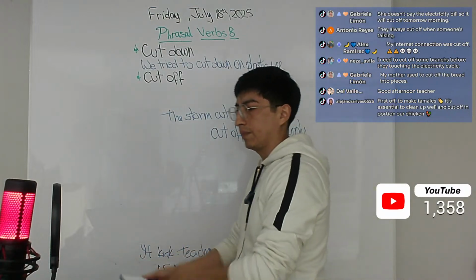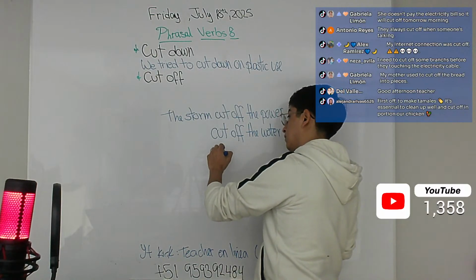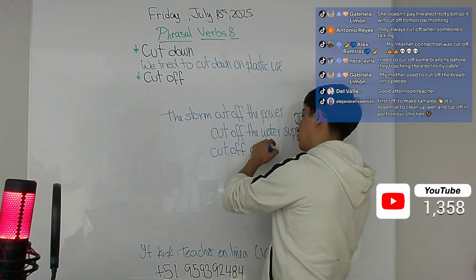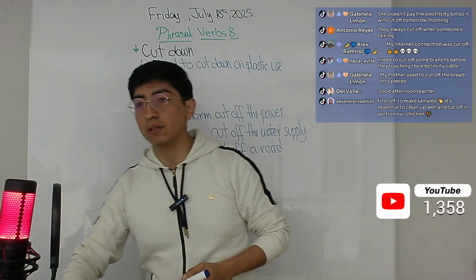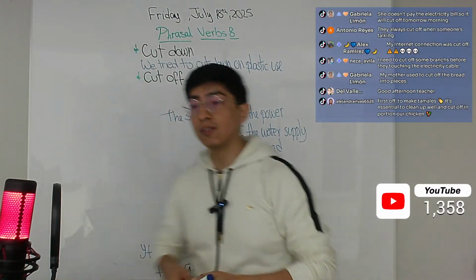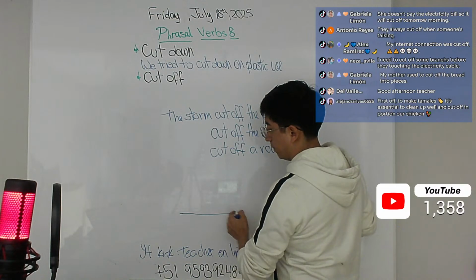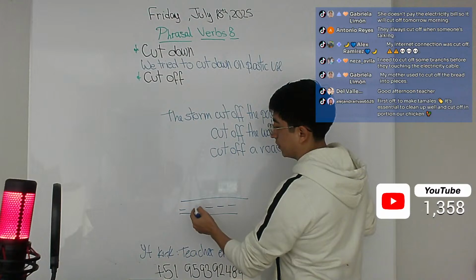What else can we say? We can also say cut off a road. So imagine there was an accident. This is the road, okay, this is a highway. And there is an accident here.